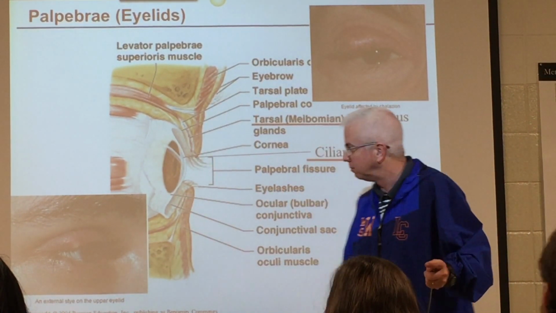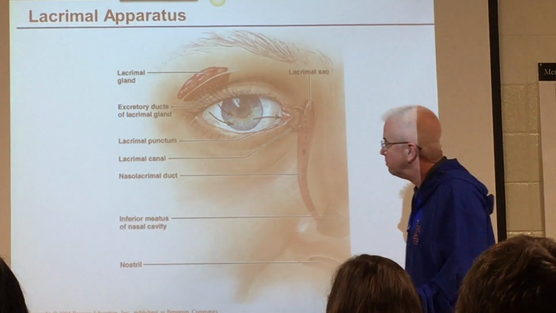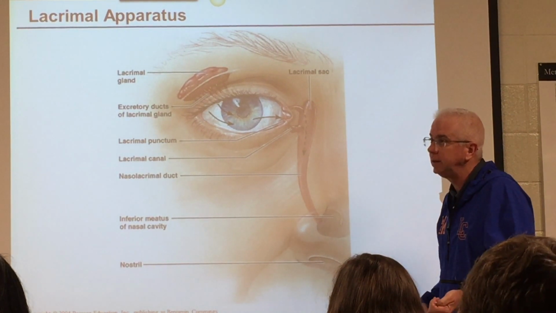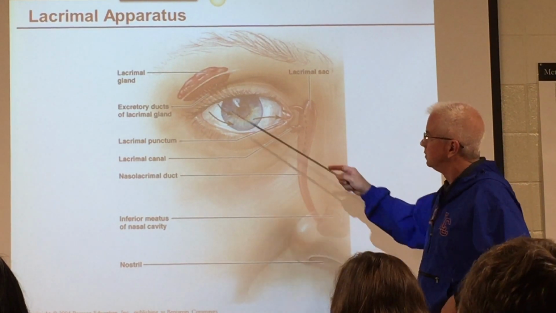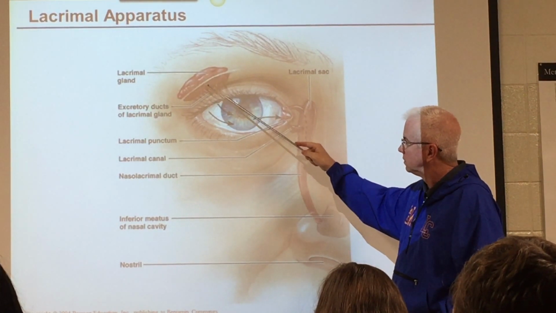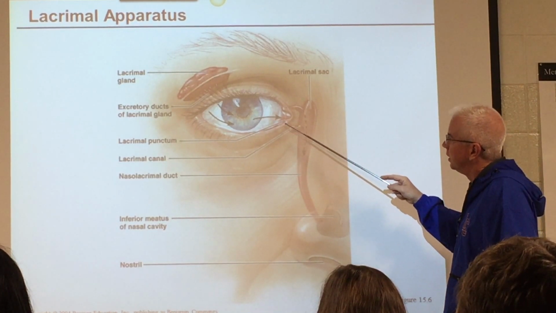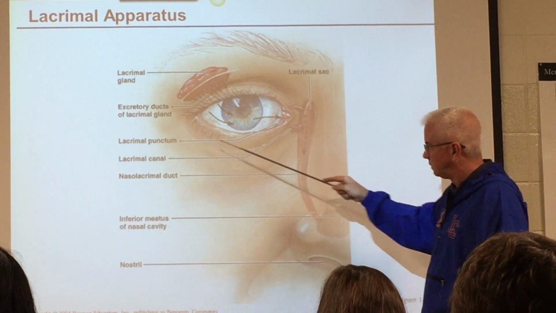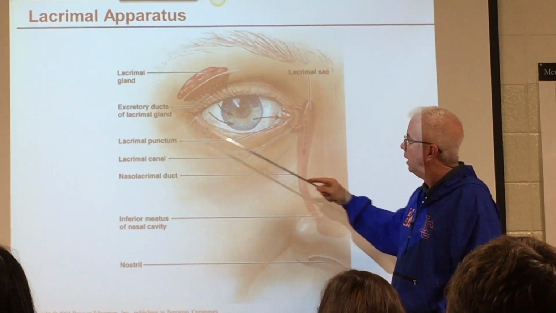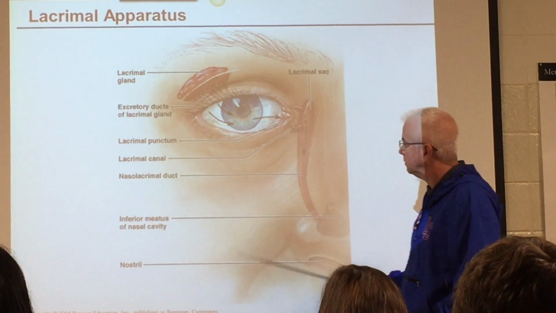All right, so I mentioned the conjunctiva, I mentioned the eyelids, and I think at this point we can make our way in. But before we do, let me remind you, the major watery secretion is produced in the eyes by a gland called the lacrimal gland. The secretions of this lacrimal gland cross the surface of the eye here and are drained by small openings on the medial aspect of the eye called puncta, or singular punctum.